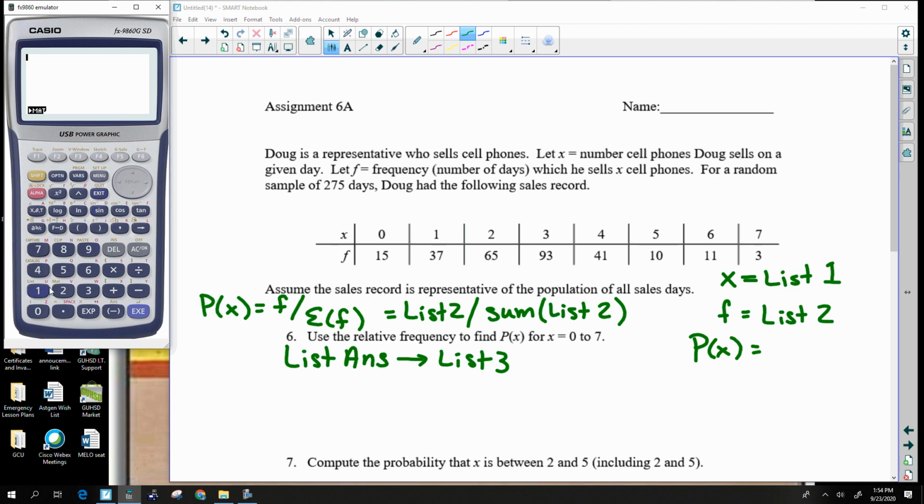All right, I go to my main calculator, and now I'm going to construct this P of X. So I'm going to take F divided by the sum of F. That will spit out a list. Not a big deal. So I'm going to take that list answer and store it as list 3.